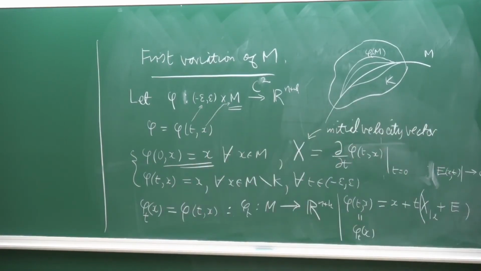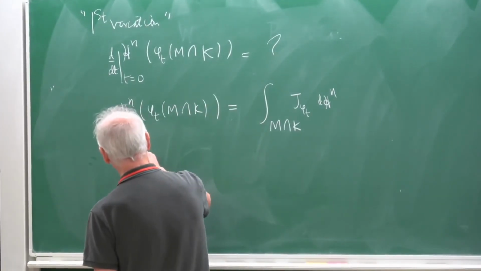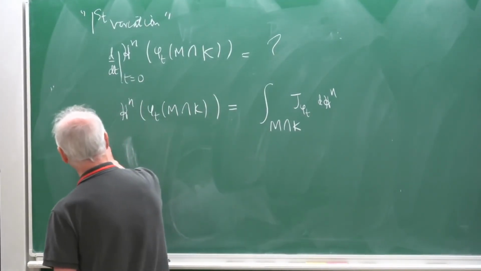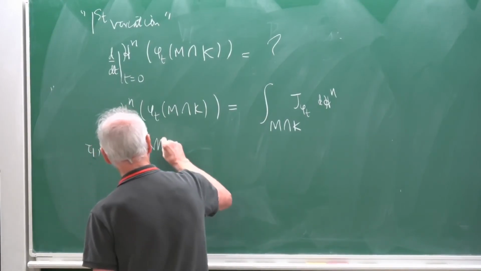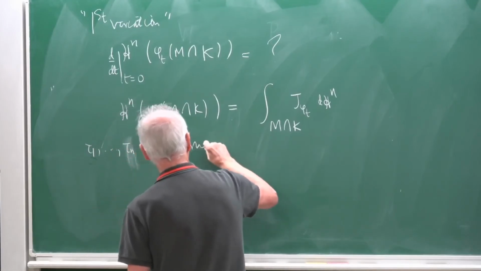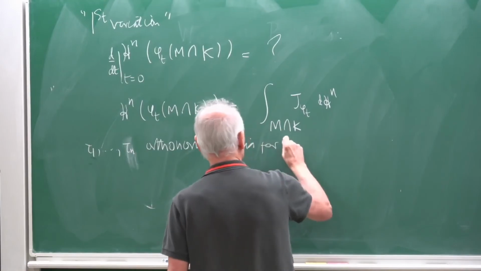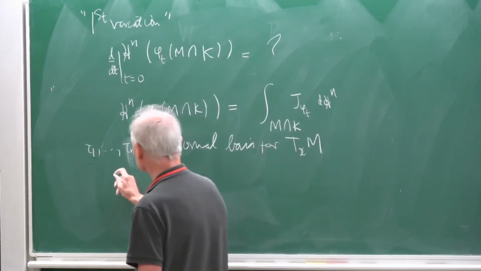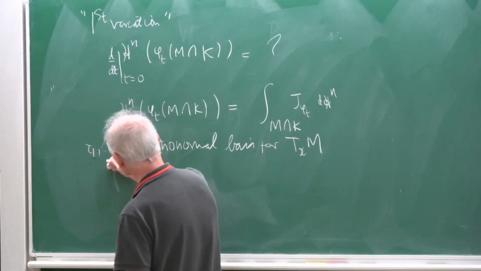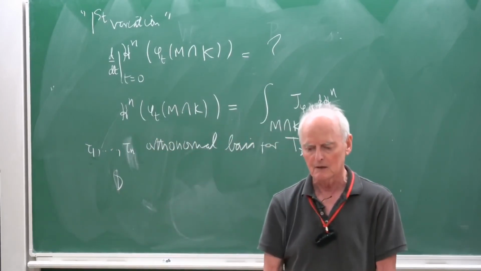In order to compute the Jacobian, we've got to take an orthonormal basis for the tangent space of M. And then, if we were in Euclidean space, we'd take the ith partial of phi t dotted with the jth partial of phi t.